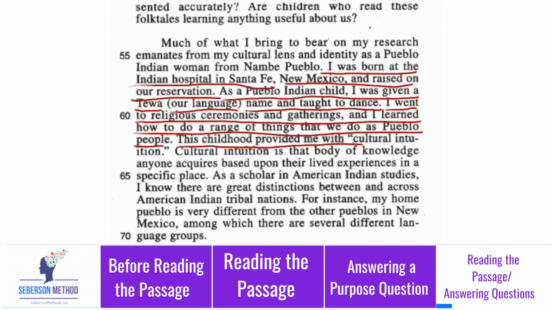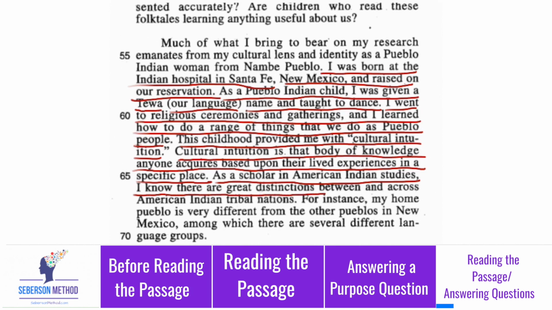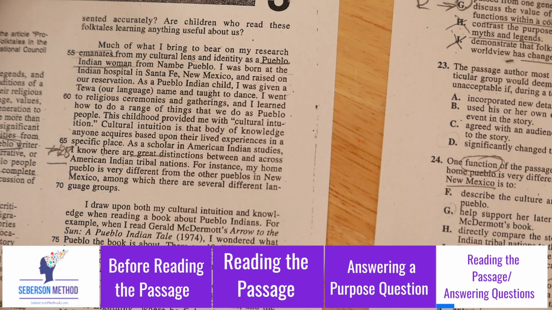This childhood provided me with cultural intuition. Cultural intuition is that body of knowledge anyone acquires based upon their lived experience in a specific place. As a scholar in American Indian Studies, I know that there are great distinctions between and across American Indian tribes and nations.